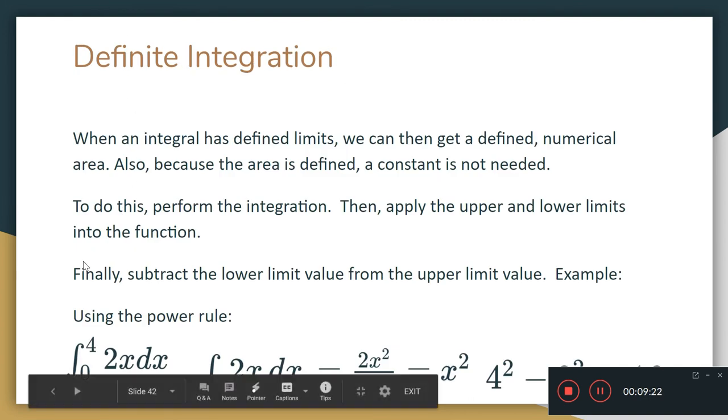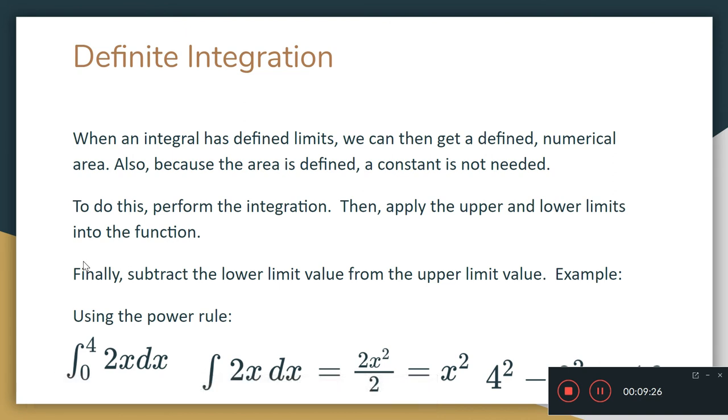Okay. Lastly, definite integration. When an integral has defined limits, we can then get a defined numerical area. Also, because the area is defined already, a constant is not needed. We don't have to shift anything when we know the limits of integration. So what we do when we have definite integration is perform the integration using the rules.